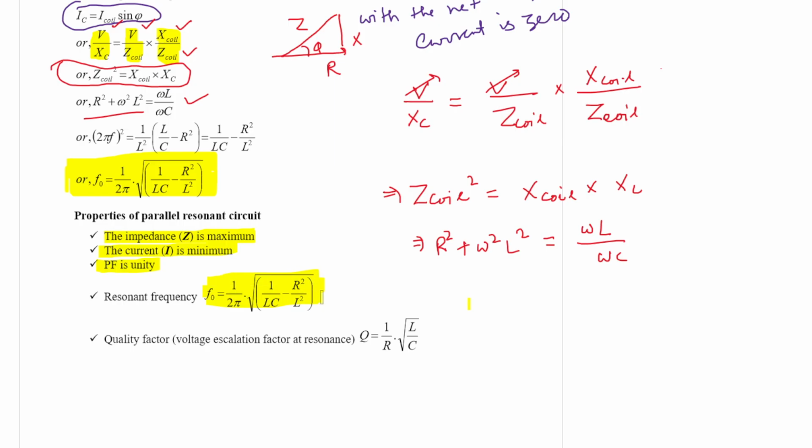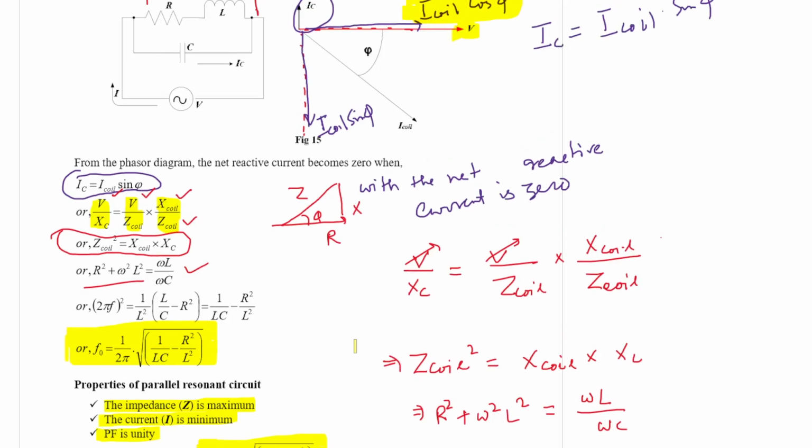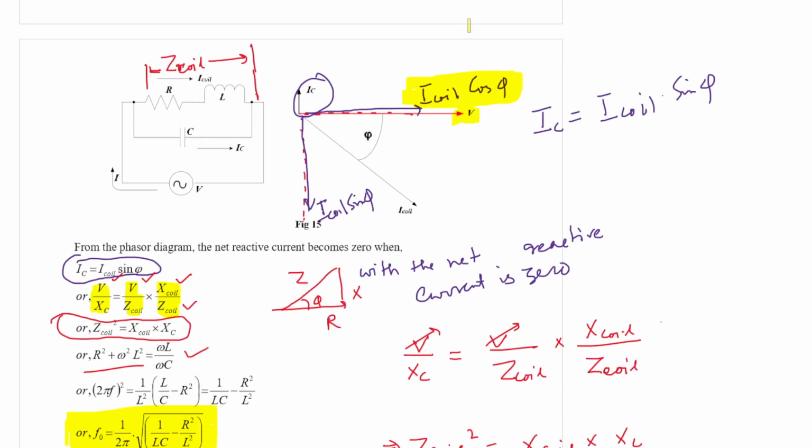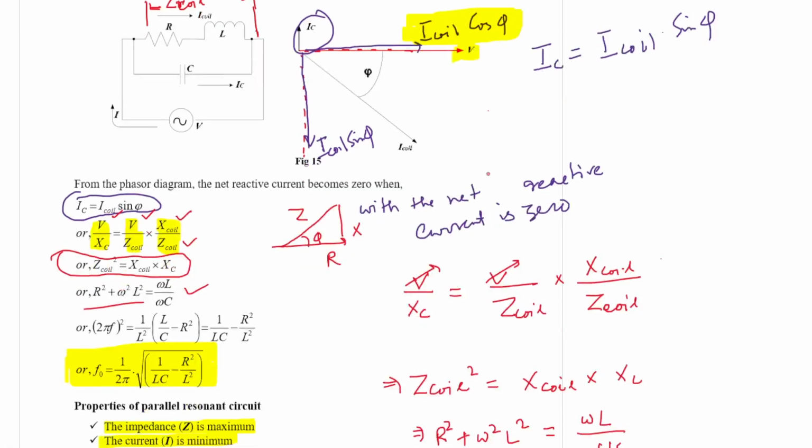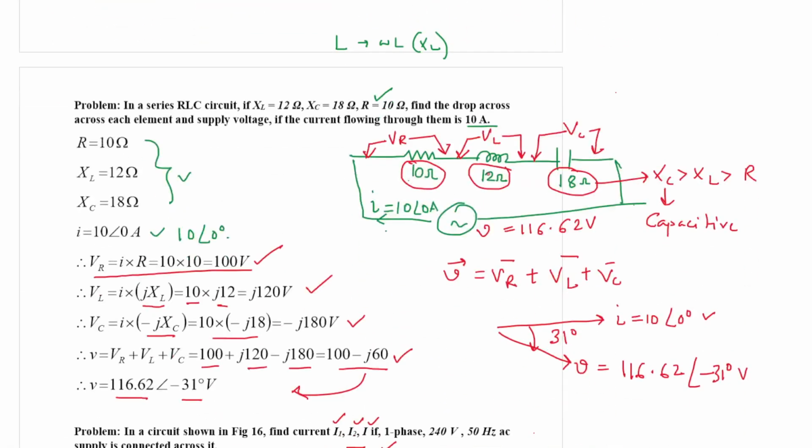And the final point: the voltage escalation factor or quality factor is given by the same formula. So these are the different aspects of the series resonant circuit and the parallel resonant circuit.